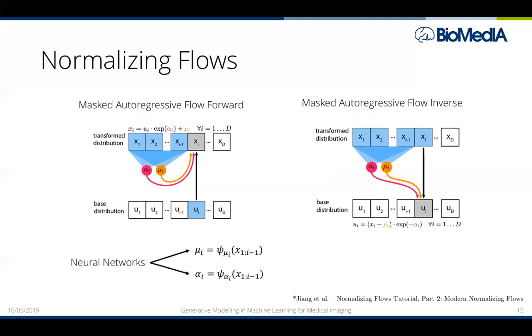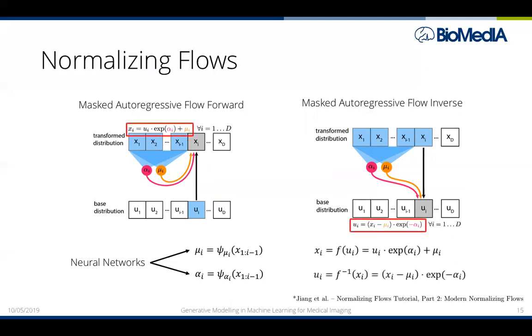Here, they define two neural networks, an alpha and mu, which parameterize the shift and the scaling. So this element here is multiplied by the exponential of alpha, plus the mu. The forward function and the inverse function are defined by xi and ui.